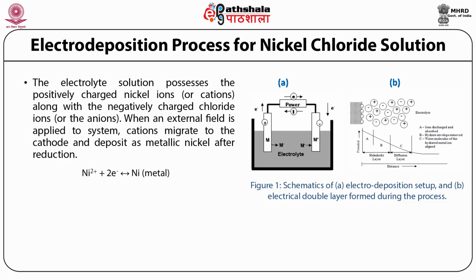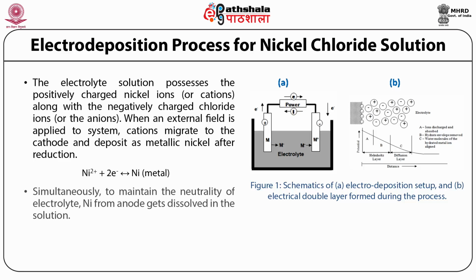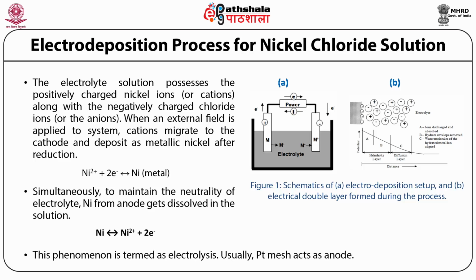So, Ni2+ plus 2 electrons will give metallic nickel. Simultaneously, to maintain the neutrality of the electrolyte, nickel from the anode gets dissolved in the solution. So, nickel gives Ni2+ plus 2 electrons. This phenomenon is termed electrolysis.